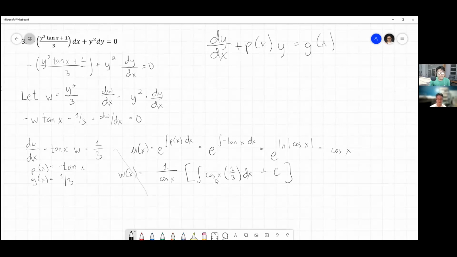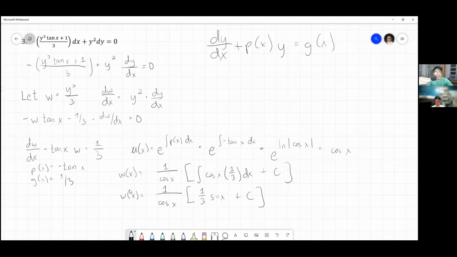Walang negative. Sorry. And then mag-multiply na tayo ng 1/3. So, w of x equals 1 over cosine of x times 1/3 sine of x plus c.